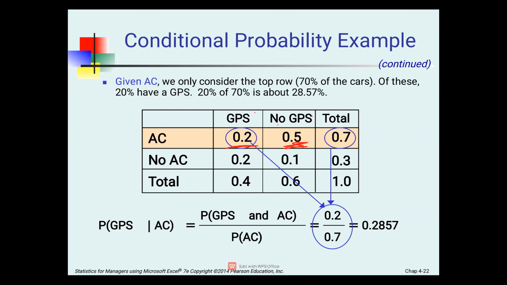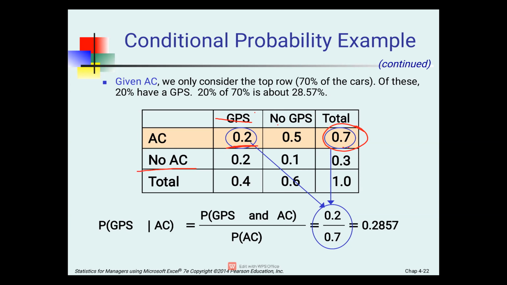When you add GPS plus not having GPS, they should be equal to the total. So you subtract 0.70 minus 0.20, and you get the probability of not having GPS.